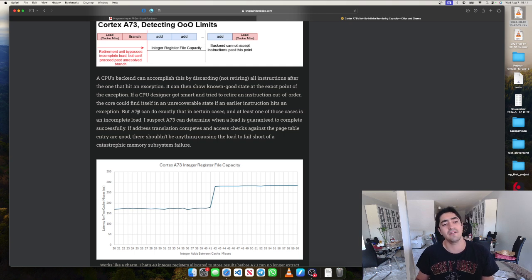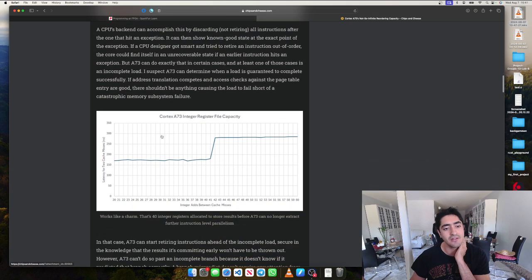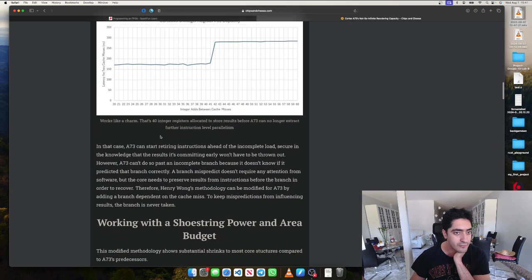But A73 can do exactly that in certain cases, and at least one of those cases is an incomplete load. I suspect A73 can determine when a load is guaranteed to complete successfully. If address translation completes and access checks against the page table entry are good, there shouldn't be anything causing the load to fail short of a catastrophic memory subsystem failure.